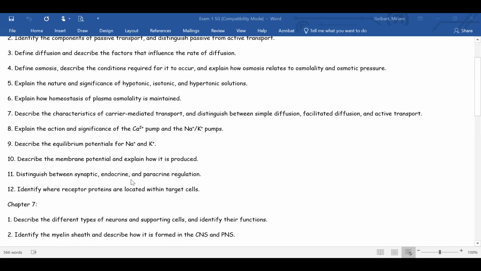And then the different ways that cells communicate with each other, right? Synaptic, since we already know nervous system, is a cell-to-cell connection. That means that cells need to be very close to each other. Endocrine, we're going to learn all about it in chapter 11.